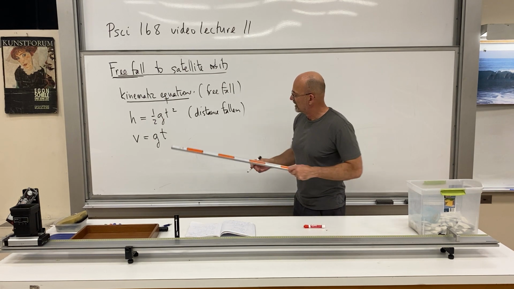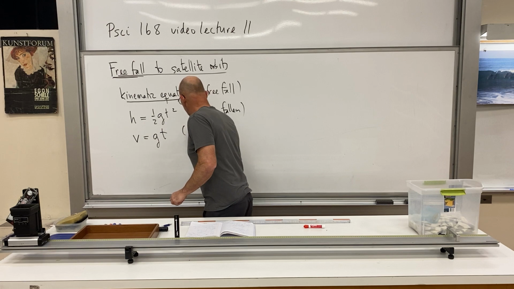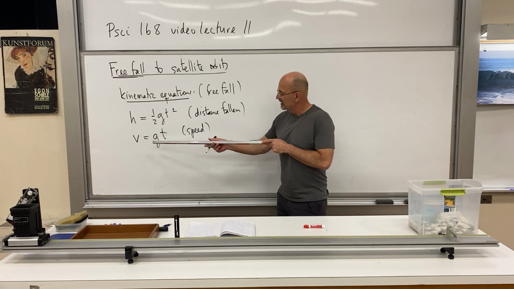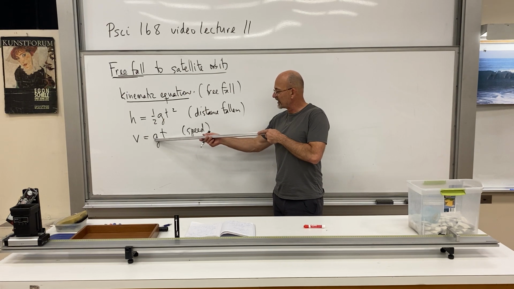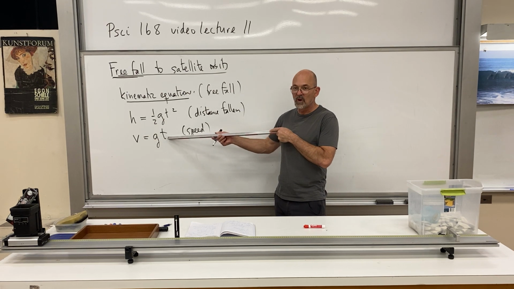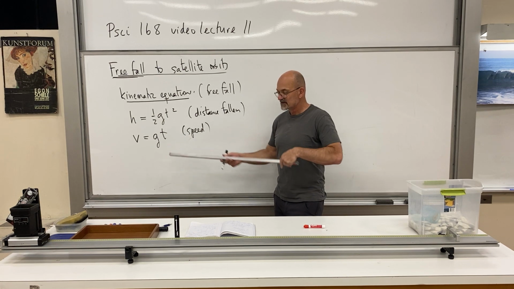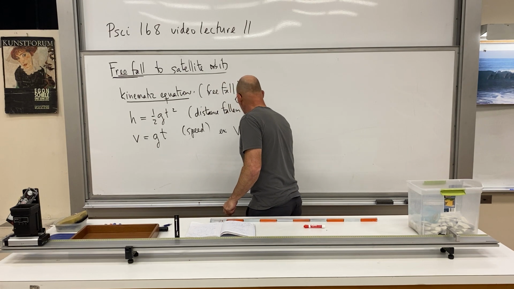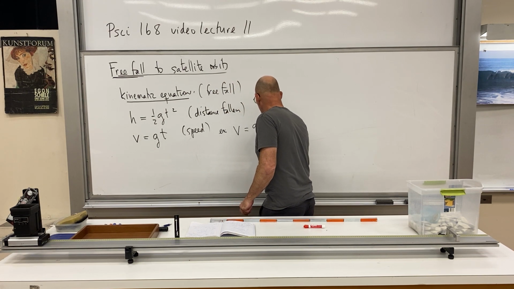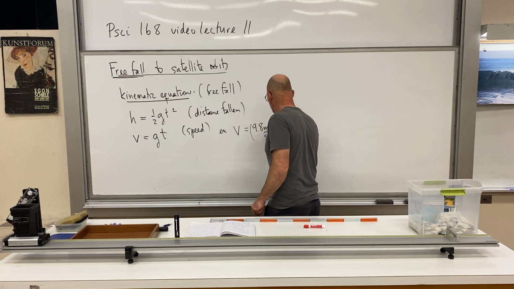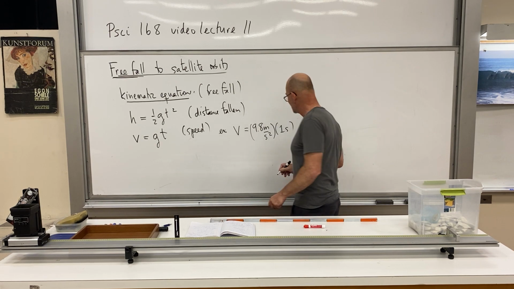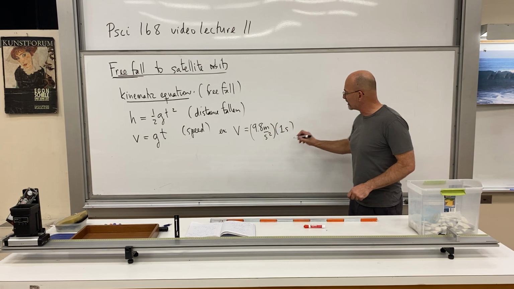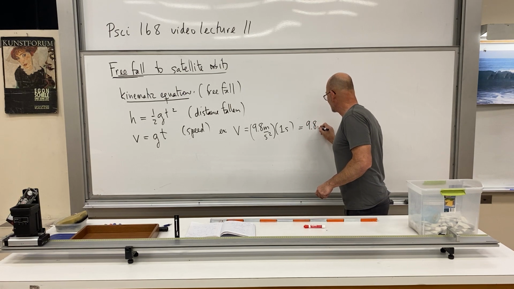So for example, speed. After 1 second, you would have 9.8 meters per second squared times 1 second. So let's go ahead and do that as an example. V equals 9.8 meters per second squared times 1 second, and one of these seconds is going to cancel, and so we'll end up with 9.8 meters per second.